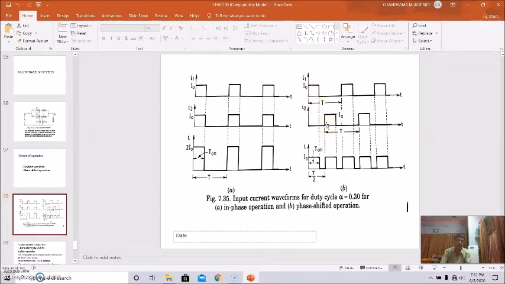This is the output waveform of the phase-shifted operation, and the chopping period here is half. Basically, the chopping period is half of that of the individual choppers. This is the turn-on period.